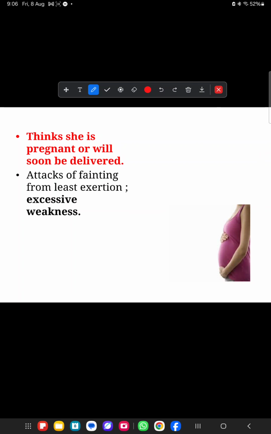Then we can think about this medicine. But if the patient is having so much bleeding, hemorrhage, menorrhagia, and the patient is having fainting, then we can think about Veratrum, and that is also known as Trillium pendulum. If fainting is due to menorrhagia or bleeding, we can think Trillium pendulum. Okay.